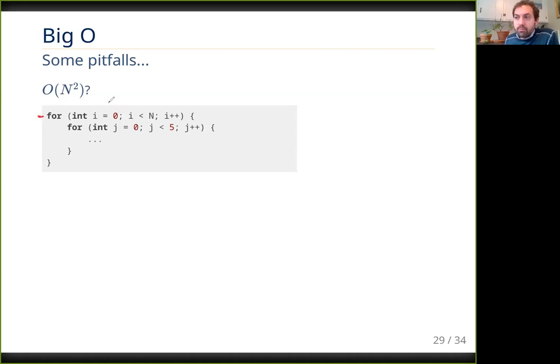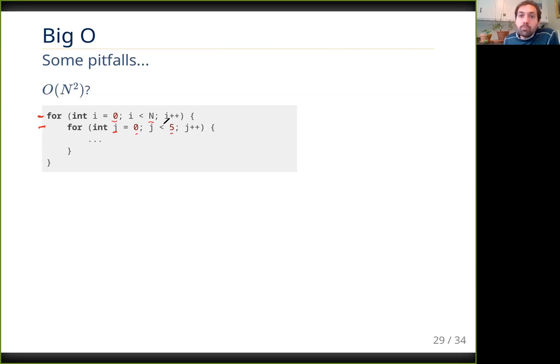The first for loop has an index i between 0 and n, so that's going to run n times. And inside, we have a nested for loop that has a j index from 0 to 5. So here we're going to make 5 iterations. So the question is, how would you describe this algorithm? What kind of big O would you apply?